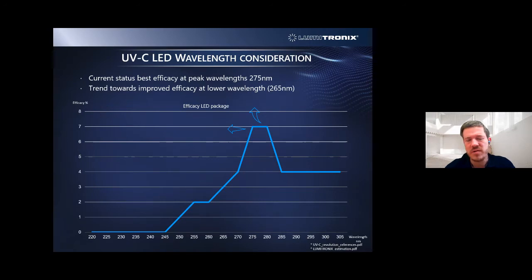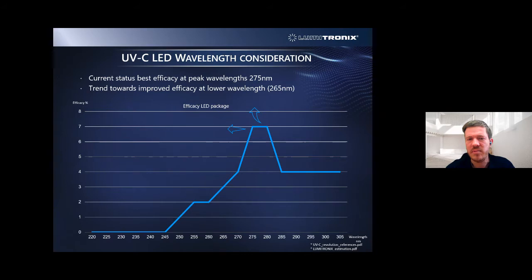What is also very interesting and very important is the wavelength consideration. We at Lumitronics are mainly working with 275 and 280 nanometers at the moment, but we do see a strong trend towards a lowering of the wavelength from 275 or 280 towards 265 nanometers, and an increase of efficacy at the same time.